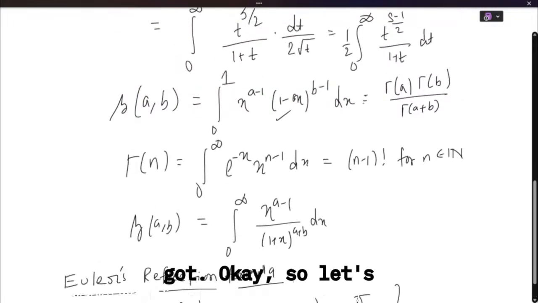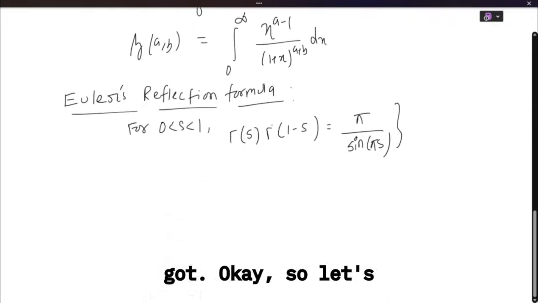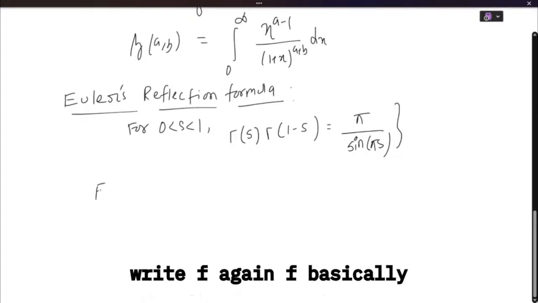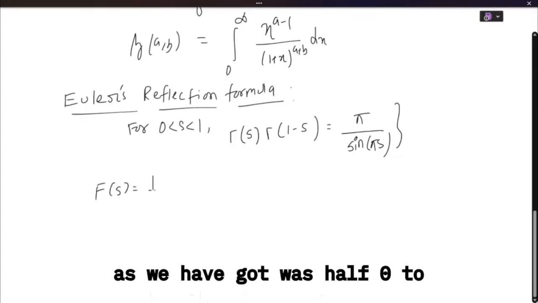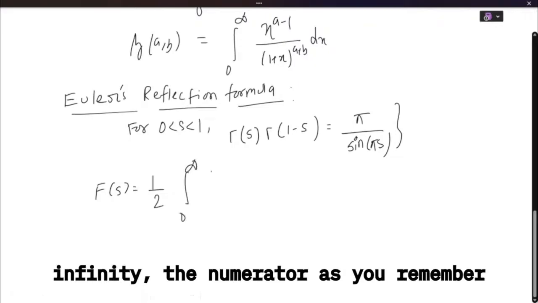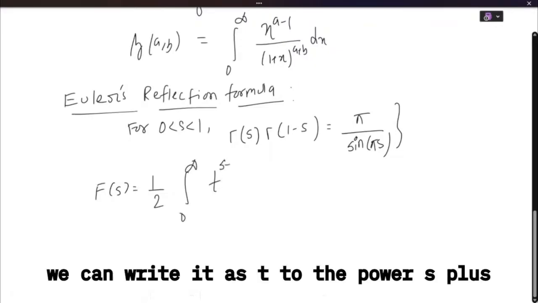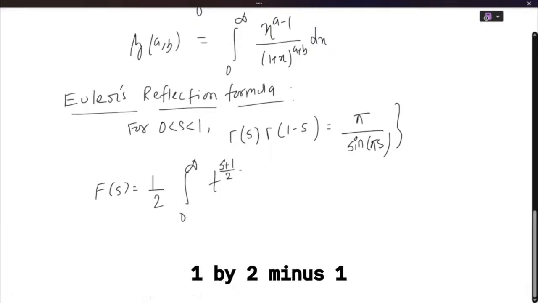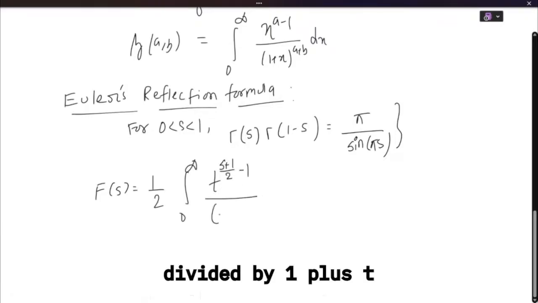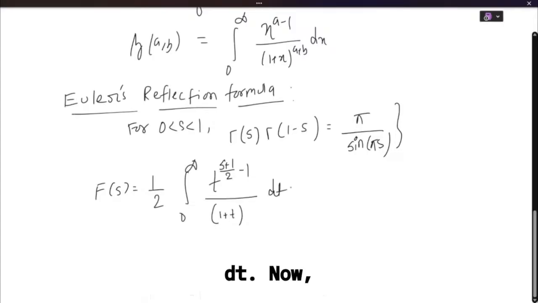When you see this integral, let's write f of s again. F of s basically, as we have got, was half the integral from 0 to infinity. The numerator, as you remember, was t to the power (s minus 1) by 2, and we can write it as t to the power (s plus 1) by 2 minus 1, divided by 1 plus t, dt.